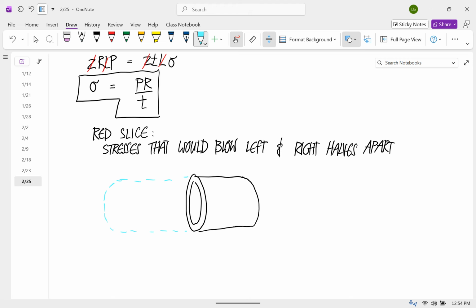So you have a pressure force like this, and a metal force like this. And those have to be equal to each other. One of those is F, the other one has to be F.